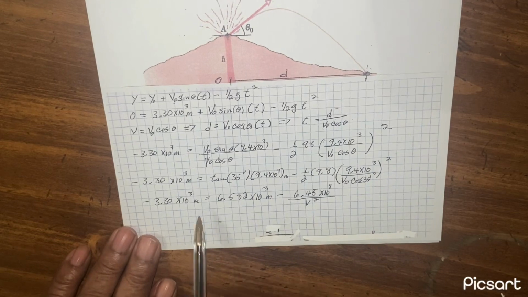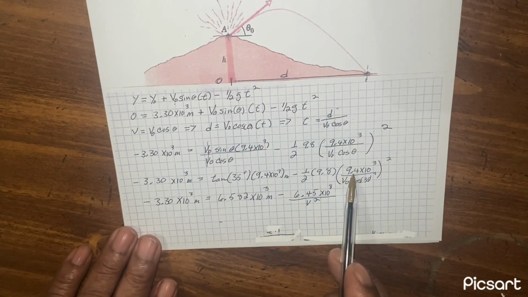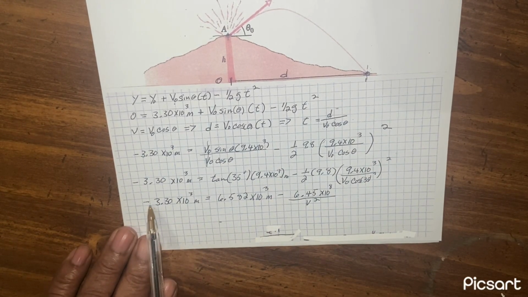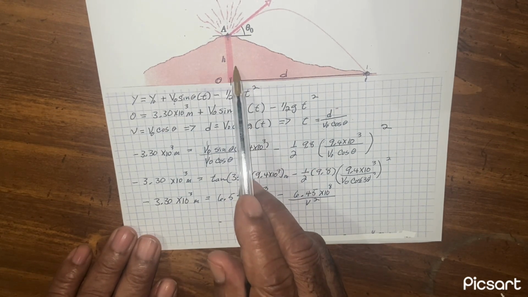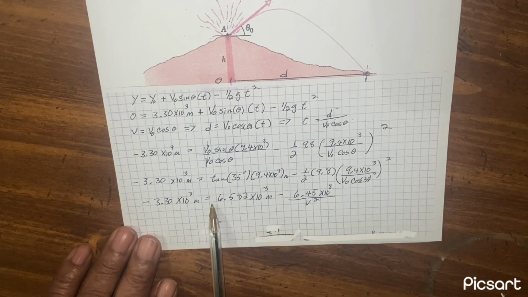All right, when we do the math on this, we have minus 3.30 times 10 to the third, which is just the height of the mountain, equals 6.582 times 10 to the third meters.